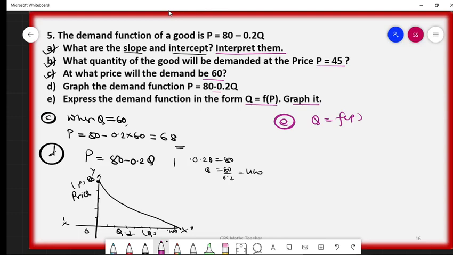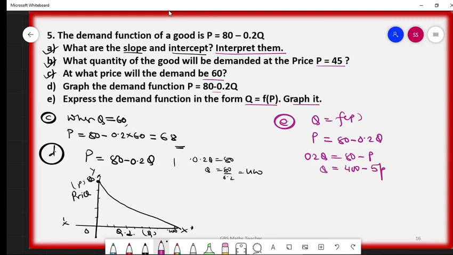Yes, we can express P equal 80 minus 0.2 Q, interchange and solve this: 0.2 Q equal 80 minus P. Q equal 80 divided by 0.2 is 400 minus 1 over 0.2, which equals 5P.